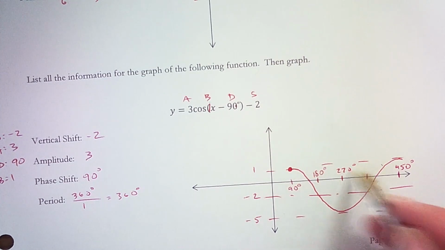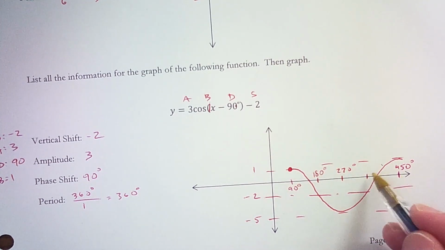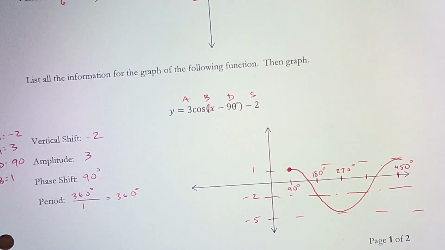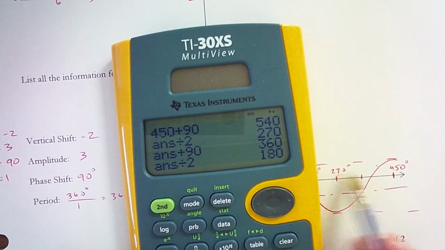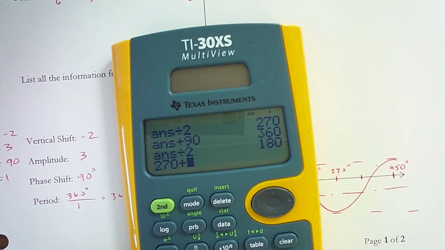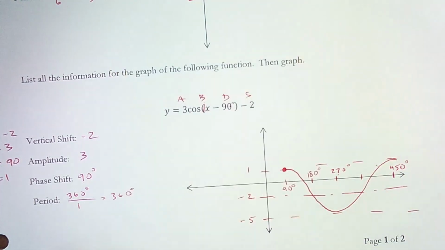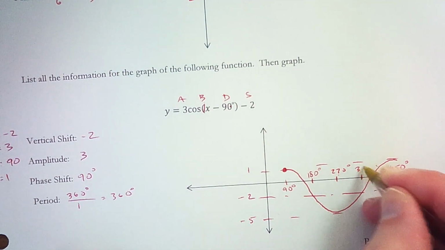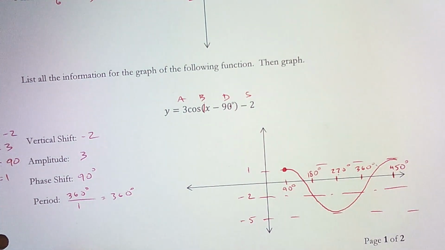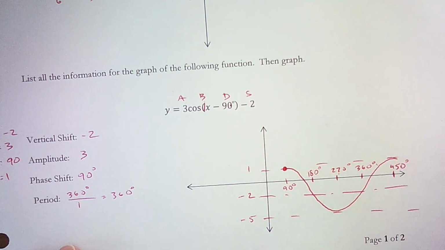Looks like I'm just counting by 90s here now. 90, 180, 270, and this one's probably going to be 360. And another way to find that is to find the average of 270 and 450. So 270 plus 450 divided by 2 is 360. So here we're at 360 degrees.